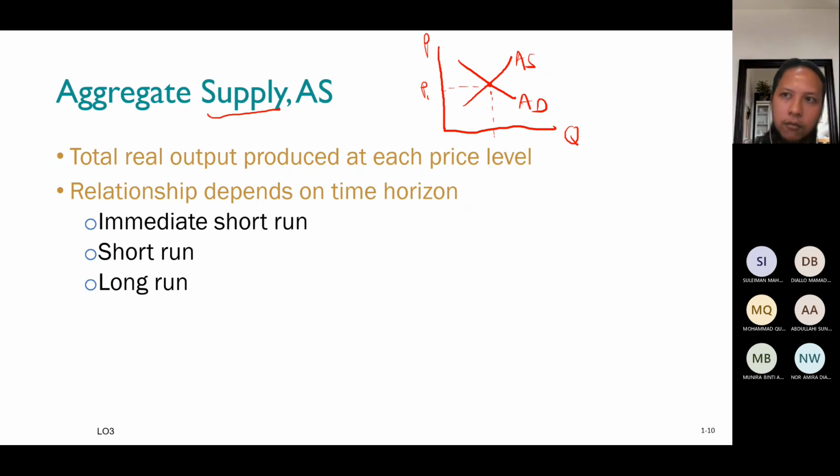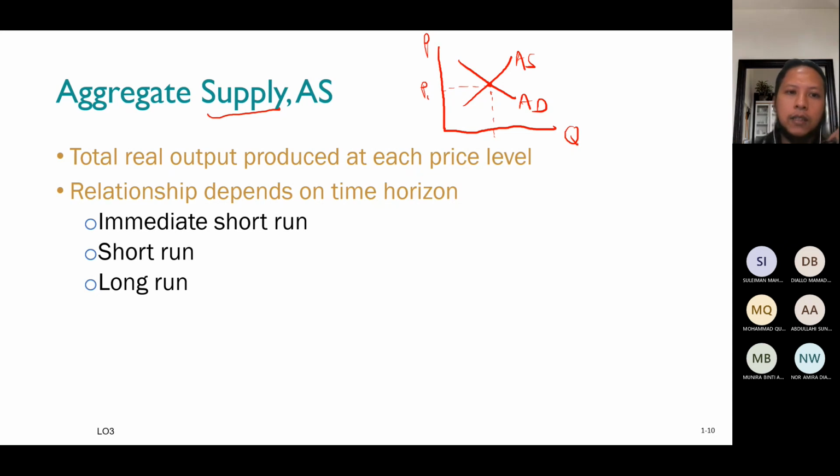Similar to microeconomic supply, the aggregate supply also depends on the time horizon, on what time period we are looking at.